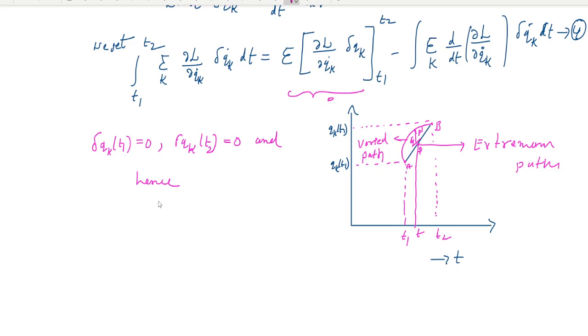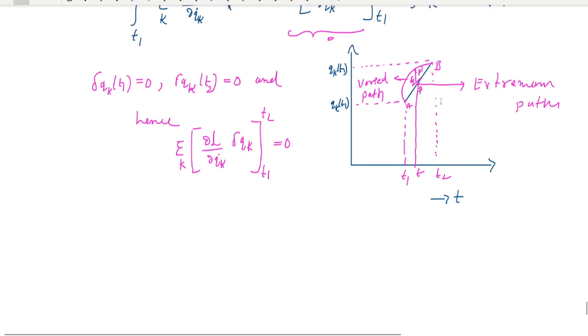Okay, that means summation over k of partial derivative of L divided by velocities, delta qk, in the interval t1 to t2 equals 0.